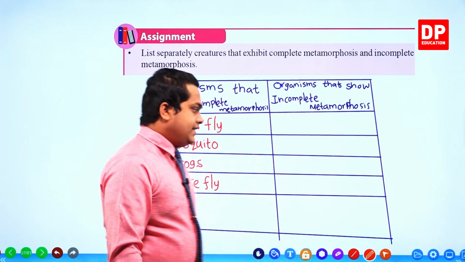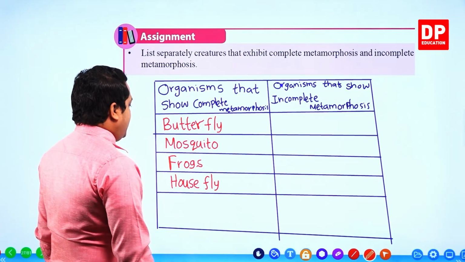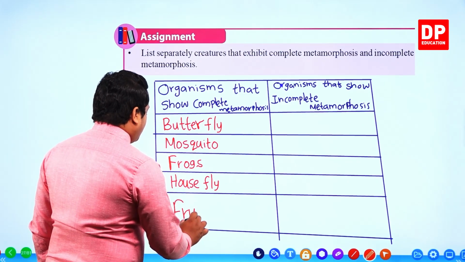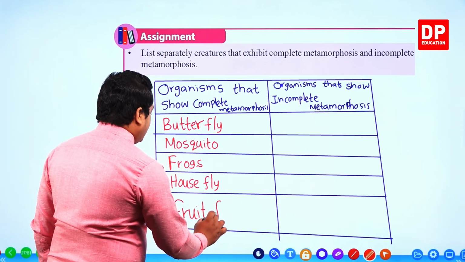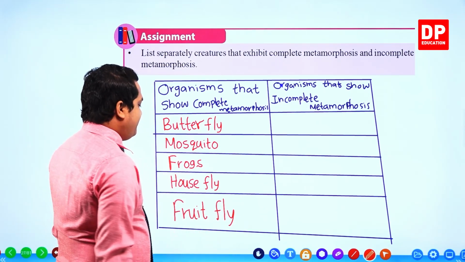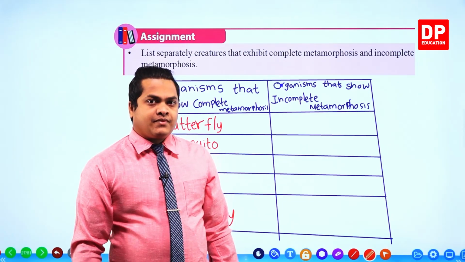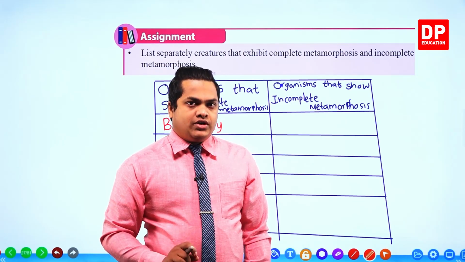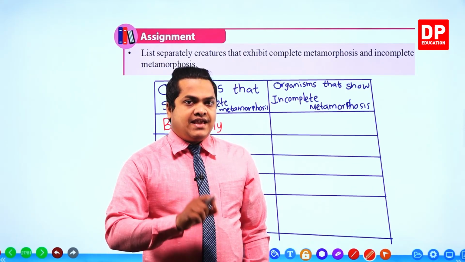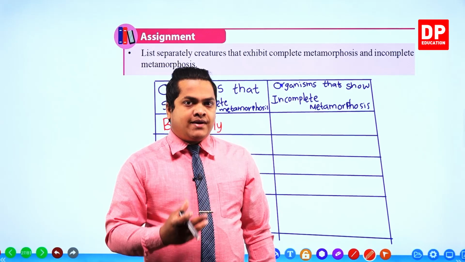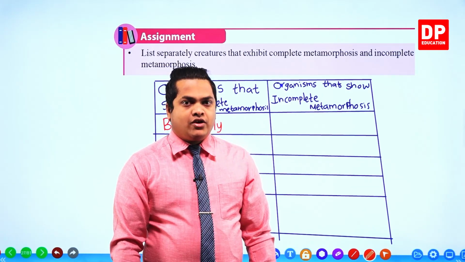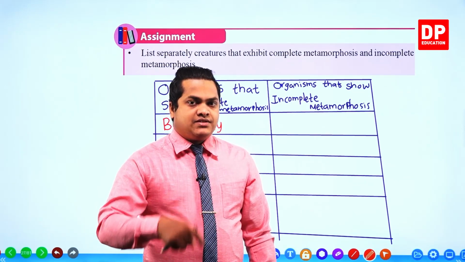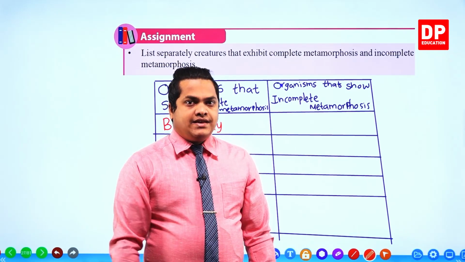Then if you take the fruit fly, it is an organism that breeds within fruits. The adult fruit fly pierces the fruit and lays eggs within the fleshy part. If you take a mango, the fruit fly comes and pierces the mango, laying eggs.